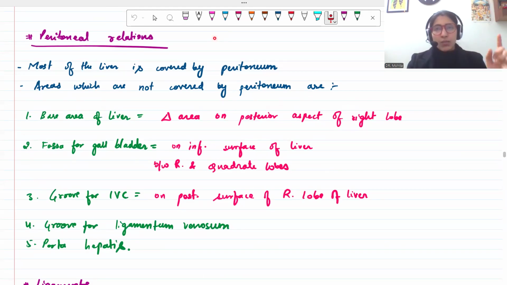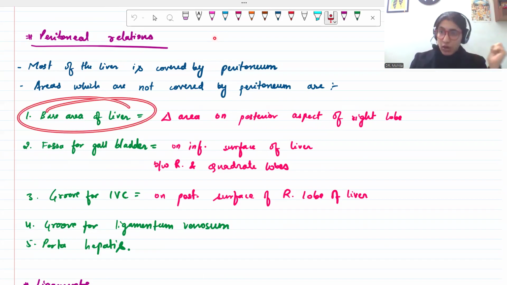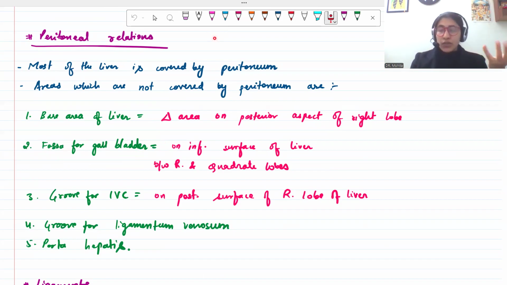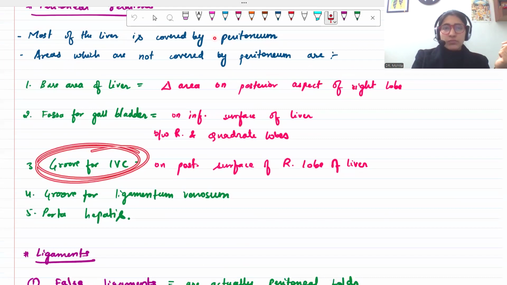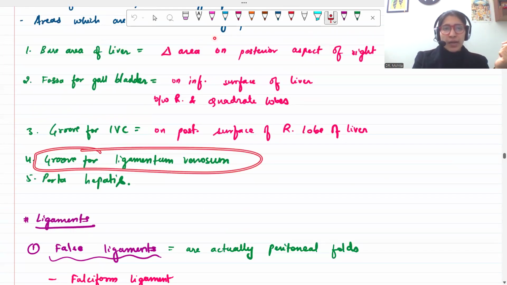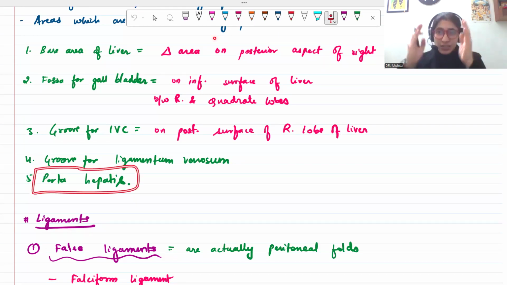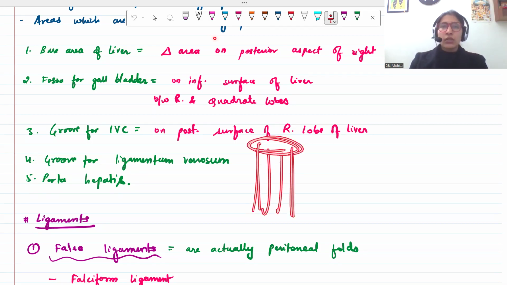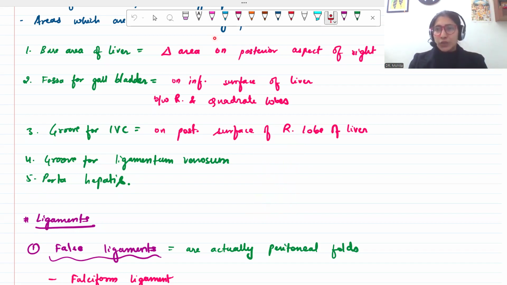in which the whole liver is covered by peritoneum except for the bare area, the fossa of the gallbladder, the groove of the inferior vena cava, the groove for ligamentum venosum, and the porta hepatis, the things that are entering or exiting. These things are also not covered by the peritoneum.